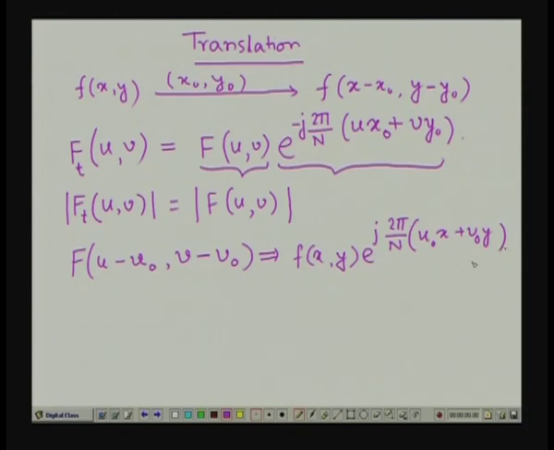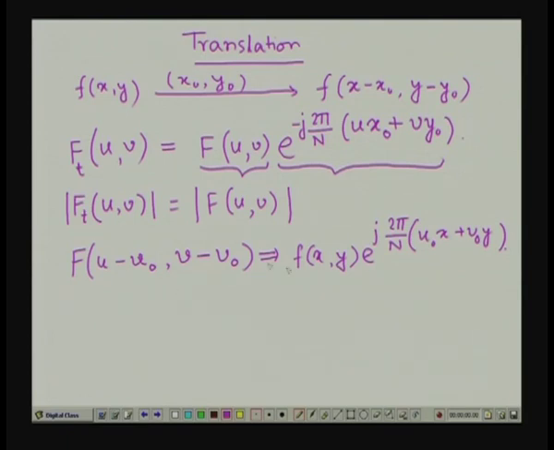So, this also can be derived in the same manner in which we have done the forward Fourier transformation. So, here you find that if f(x,y) is multiplied by this exponential term e to the power j 2 pi by N (u naught x plus v naught y), then in the frequency domain, its Fourier transform is simply translated by the vector u naught, v naught. So, what we get is F(u minus u naught, v minus v naught).